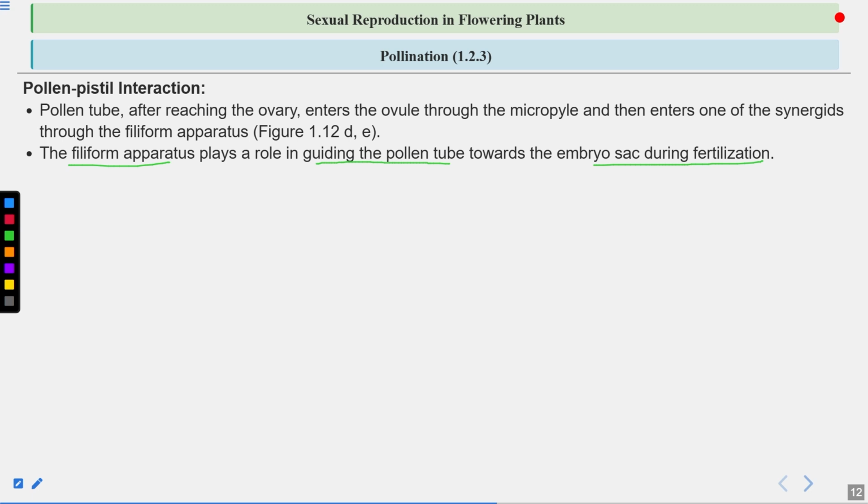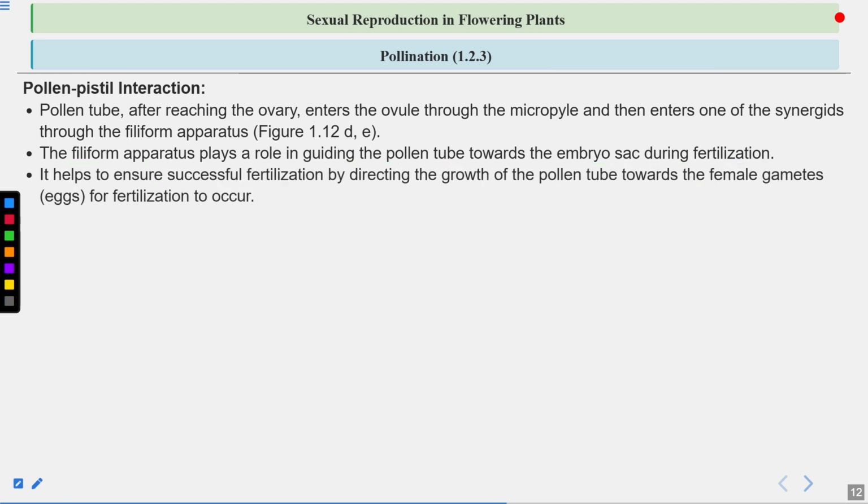This is the function of the synergid cell, to receive the content of the pollen tube. What is the function of the filiform apparatus? It helps to guide the pollen tube and makes its way toward the synergid cell, right? So it helps to ensure successful fertilization by directing the growth of the pollen tube towards the female gamete, the egg, for fertilization to occur.